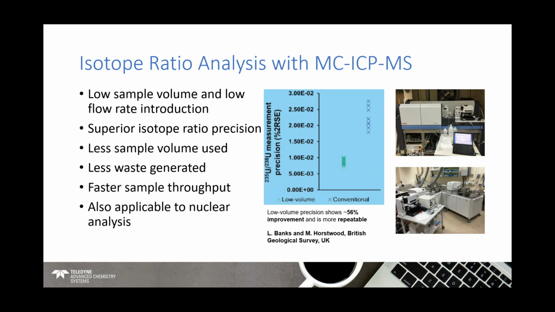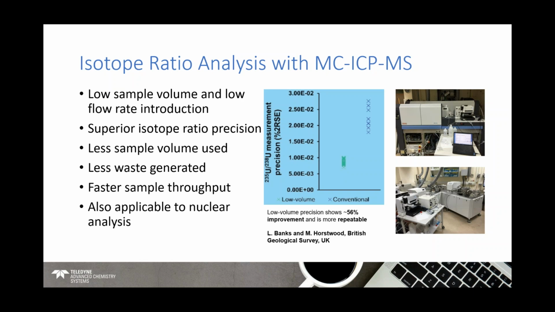So what we're showing here is through sample introduction to a multi-collector ICP-MS, the measurement precision at 2 relative standard error is actually tighter, it's more repeatable, and it's improved data compared to the conventional approach.